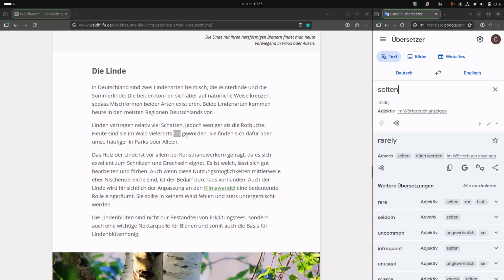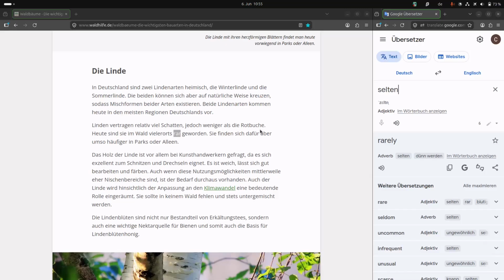Sie finden sich dafür aber umso häufiger in Parks oder Alleen. Sie, they, finden, find, sich, themselves, dafür, therefore, you could say, or you could also say kind of in contrary to that, but I'm just going to stick to therefore. But therefore is not the exact translation. Therefore is more like because of. Dafür is kind of more like, and contrary to that, no, it's kind of on the other side, you could say.